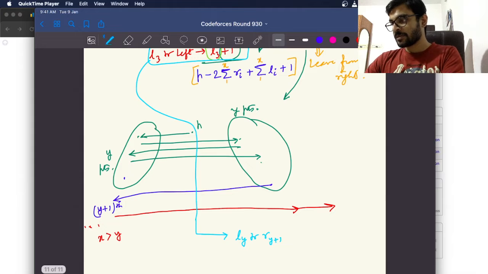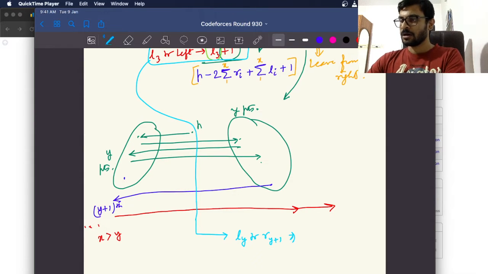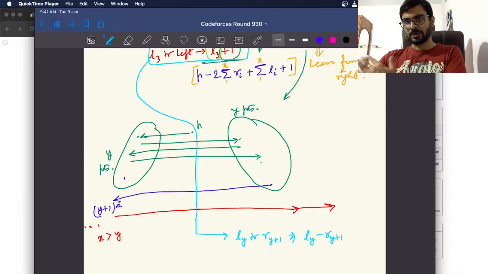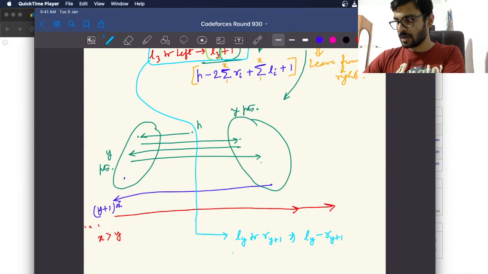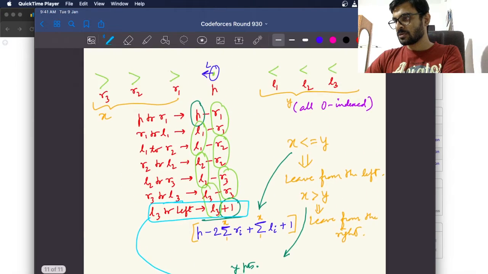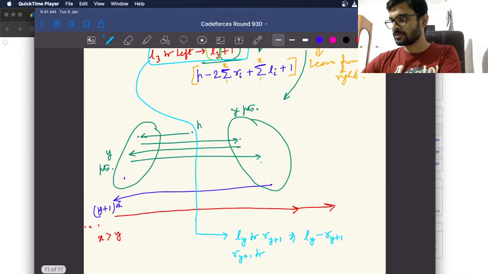And then this one will be basically the same kind of Ly minus R of Y plus 1. And from R of Y plus 1, it goes to the right end.